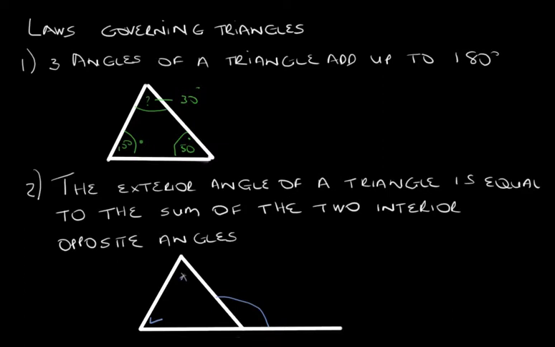So let's have a look. If that is 50 and that is 60, together they will add up to give you that angle. So this angle will then be 110 degrees. Okay, let's do some examples where we apply what we've learned.